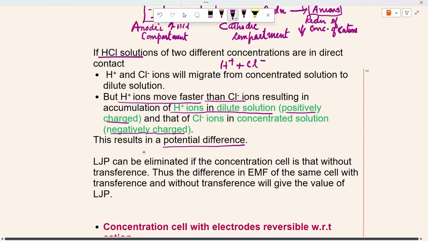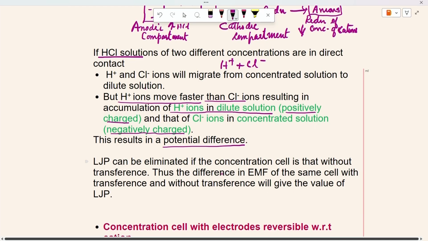Another way is you do not keep these two solutions in direct contact, because only then does the liquid junction potential arise. So, keep them apart, and usually what we do is use a salt bridge for an indirect contact between these two cells. Now, this is what we say, that the liquid junction potential can be eliminated if the cell is without transference. Okay.